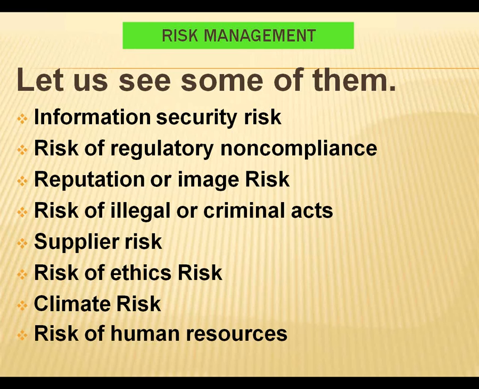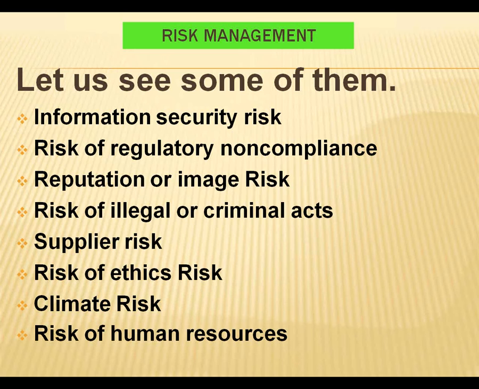Risk of illegal or criminal acts, supplier risk. That's a very good example. If we base ourselves only on one supplier and we buy only from one supplier, why? Because we love him, because he gives us very good prices and very good quality.